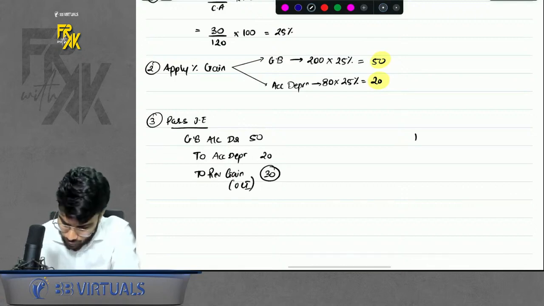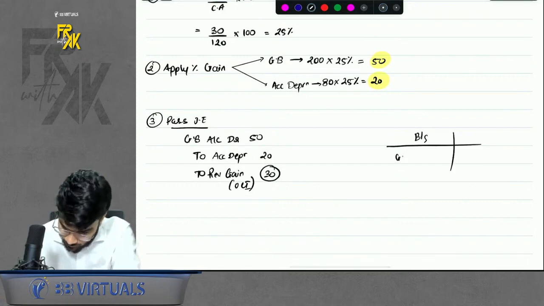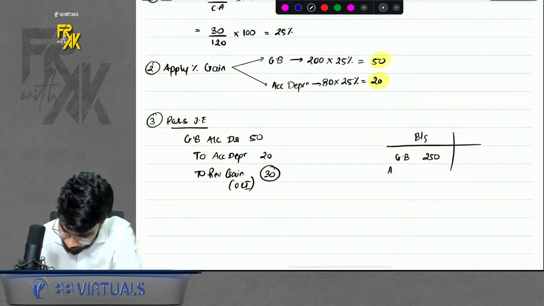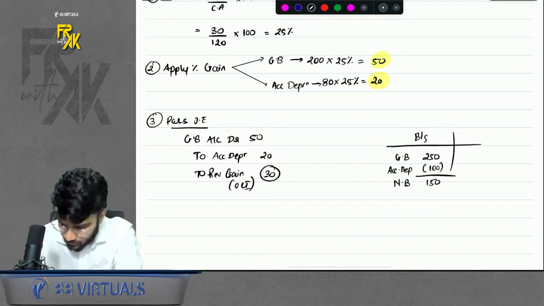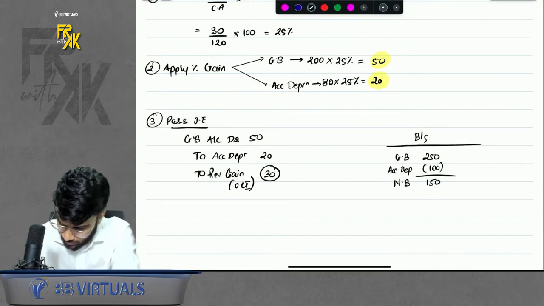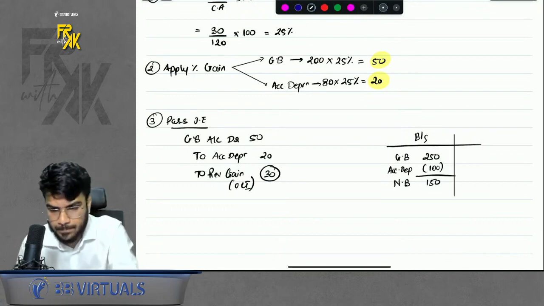If you want to see the balance sheet extract, your gross block will become 250. Previously it was 200. Your depreciation will be 100 and your net block will be 150. Simple.